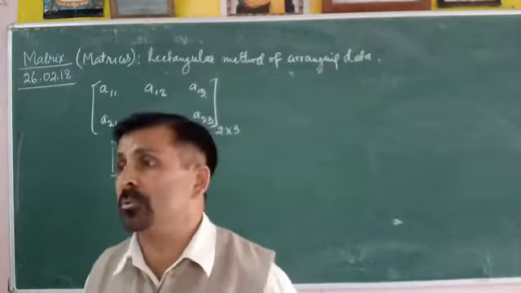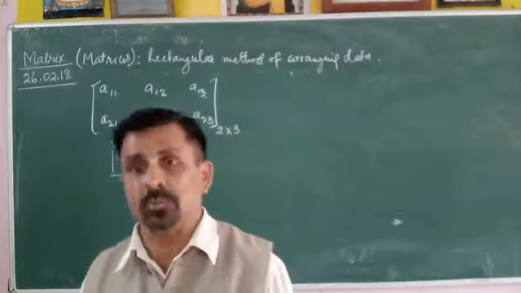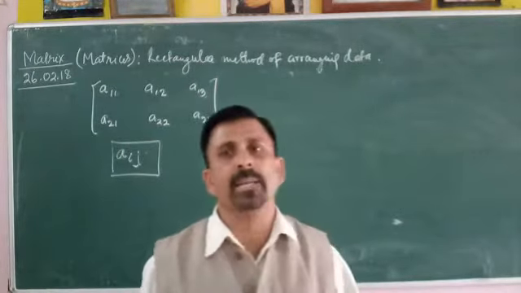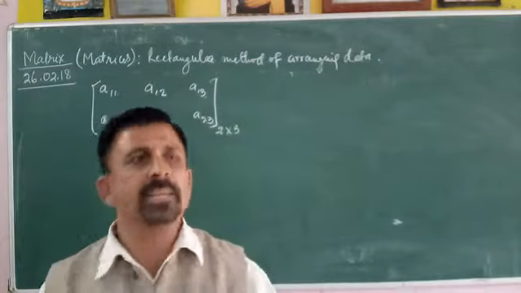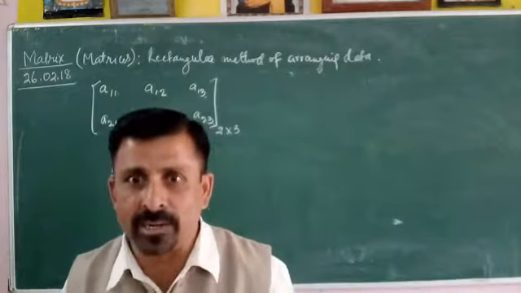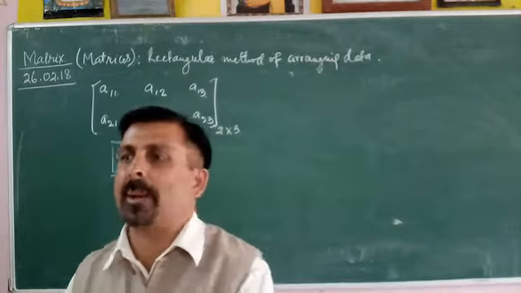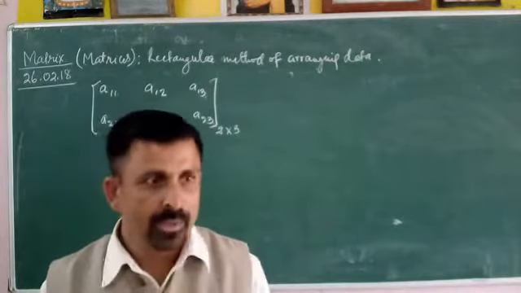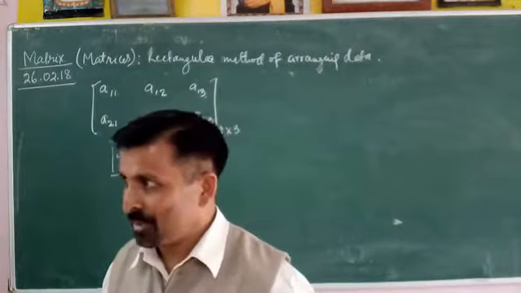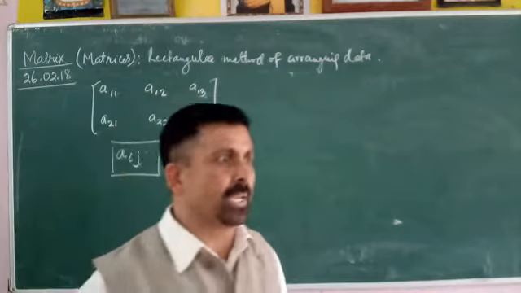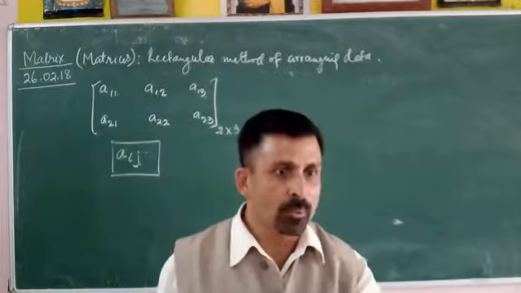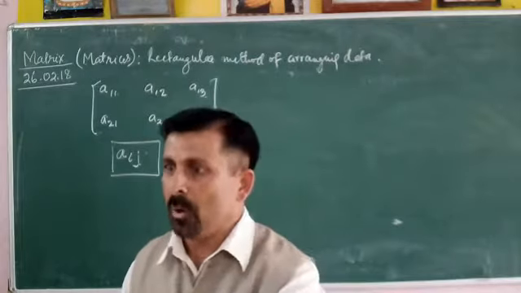If I tell you to write a matrix of the order 2 by 2, if I ask you to give me an example, forget about the construction. If I tell you to give me an example of a matrix of the order 2 by 2, very easily everybody can give. You can think of any element in that matrix, because I didn't tell you any condition. You can put any element. 2 by 2 means the number of elements will be 4.